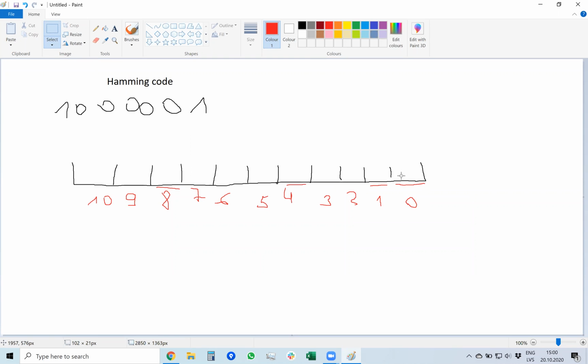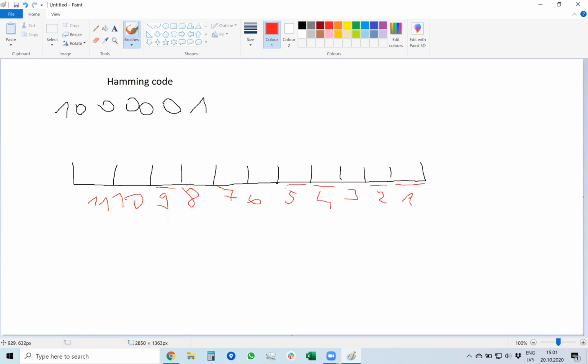So this is for parity. Yes, they were counted from 1. So this is 1, 2, 3, 4. This will be for parity. 5, 6, 7, 8, 9, 10, 11.